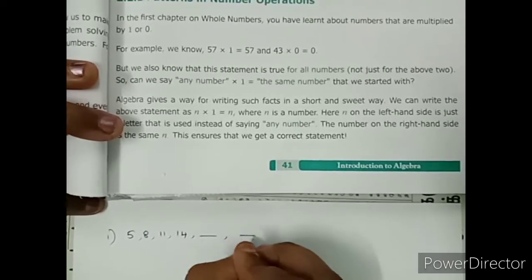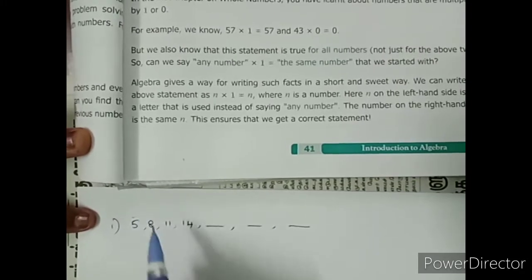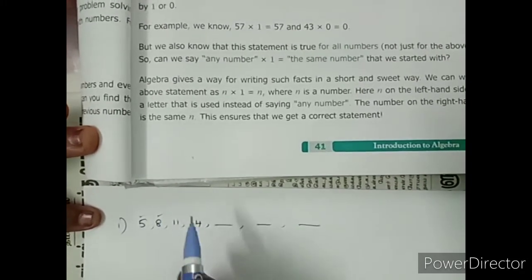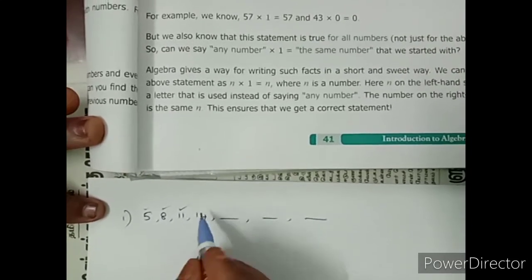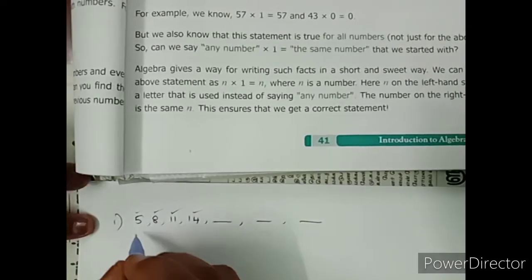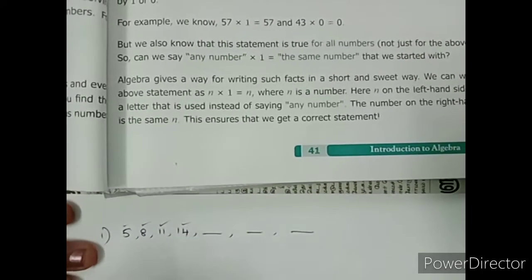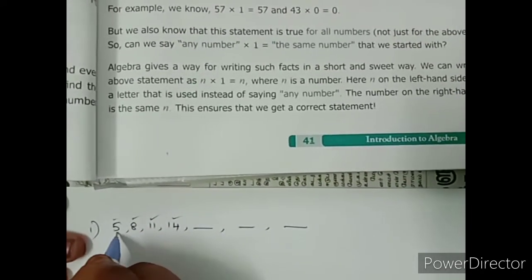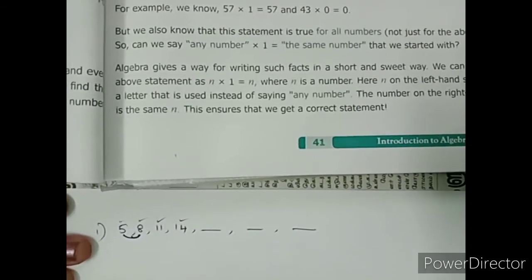We have to find the next numbers. 5 is an odd number, 8 is an even number, 11 is again an odd number, and 14 is an even number. So there is no relationship for these 4 numbers.